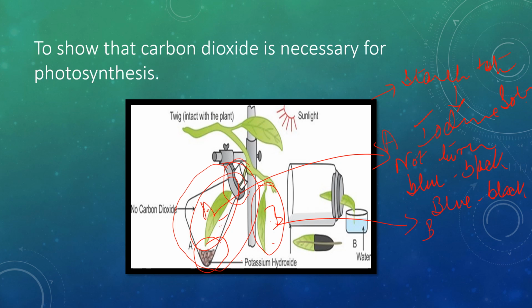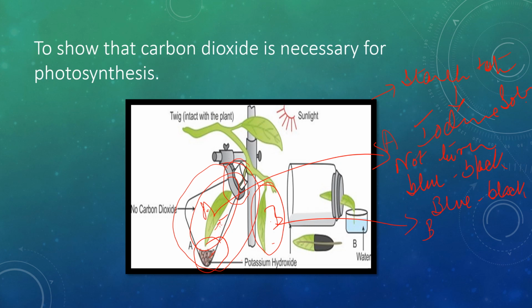So we are observing that. This shows that carbon dioxide is necessary for photosynthesis, as potassium hydroxide was there absorbing the carbon dioxide inside, and no carbon dioxide was present inside the conical flask, so no photosynthesis could happen in this leaf though chlorophyll and sunlight were present.